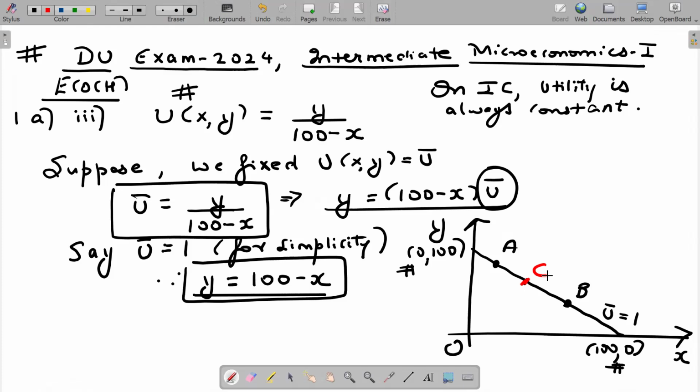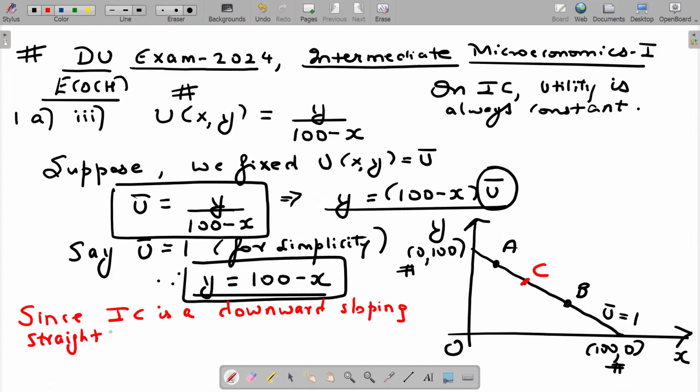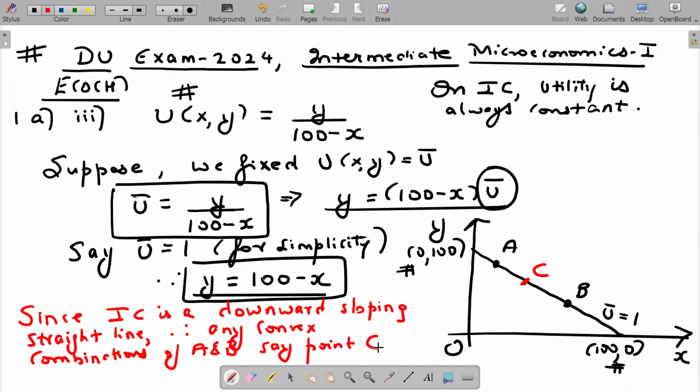So you can clearly see that for convex preferences, students can see, since the indifference curve is a downward sloping straight line, therefore any convex combination of A and B, say point C, lies between A and B. It can lie anywhere between A and B. And you can clearly see that C yields the same level of utility.